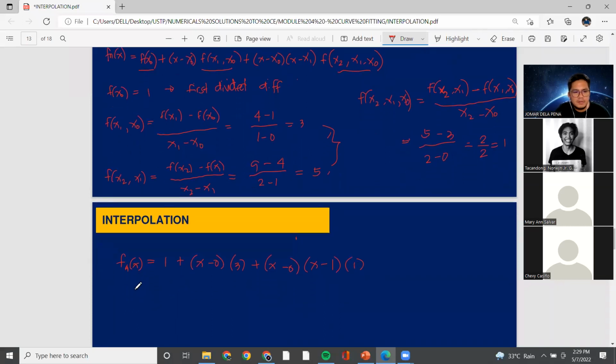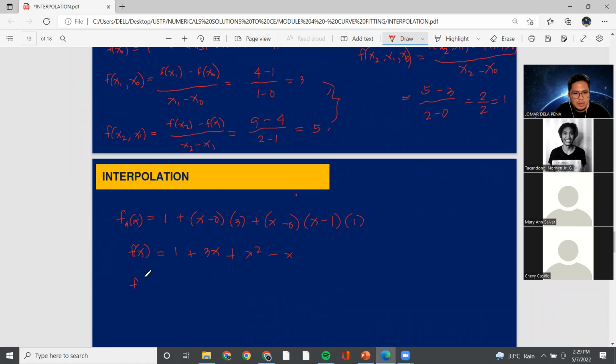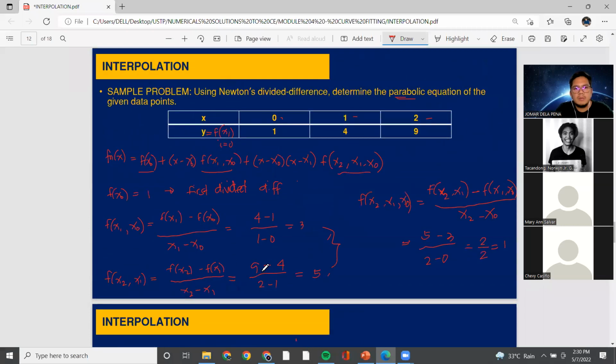Simplify, no? Therefore the equation function of x is 1 plus 3x plus x times x squared minus x. Simplify, therefore the equation is equal to 1 plus 2x plus x squared. Okay, so man ang gipangayo sa problem number 2.